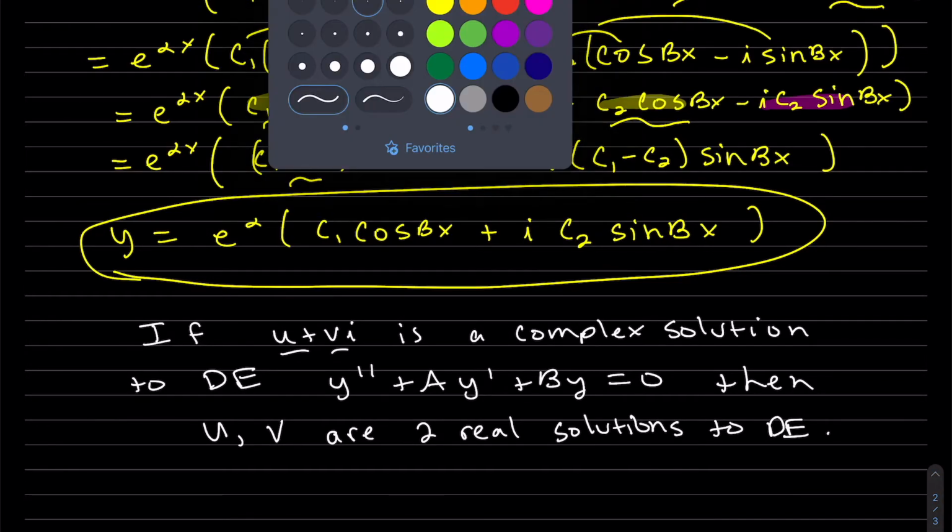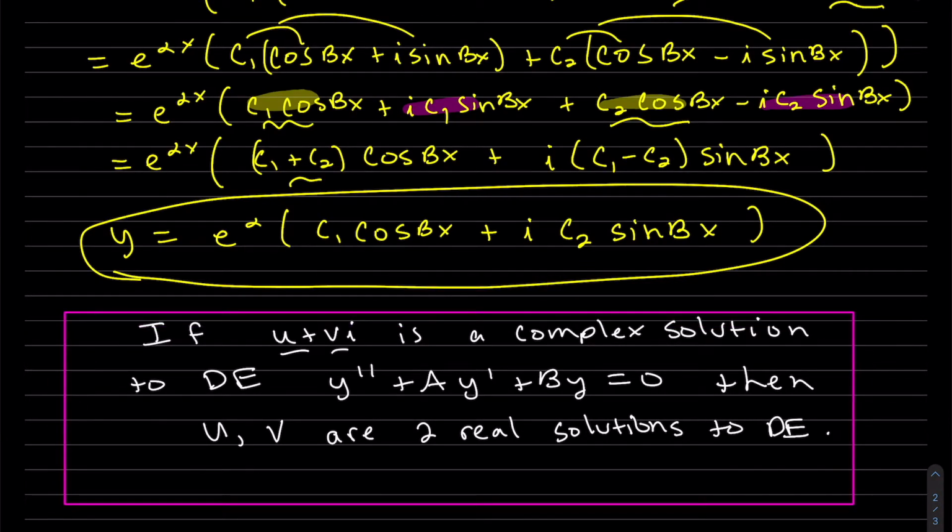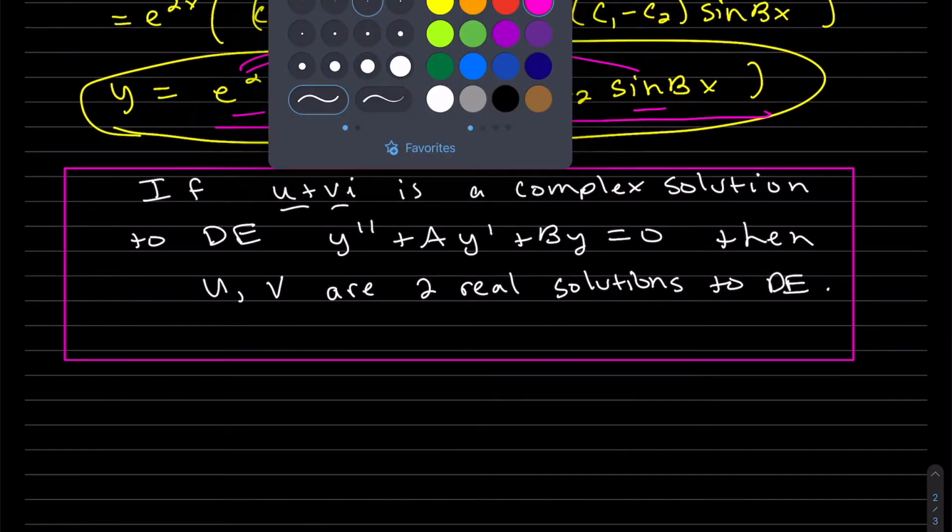Okay? So once I prove this, I've pretty much proved that my solution is this without the i. Because those will be my real part and my second real part. We write it as a linear combination. Okay, so let's prove this.